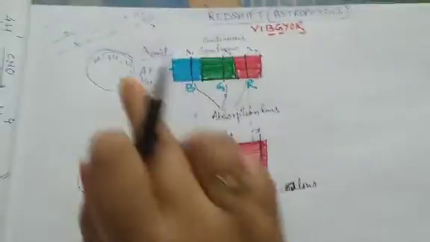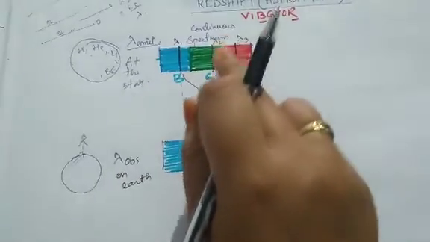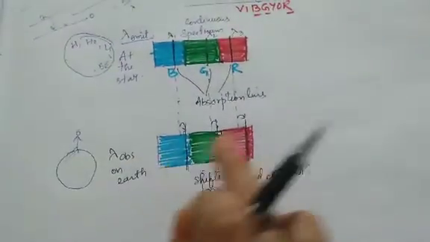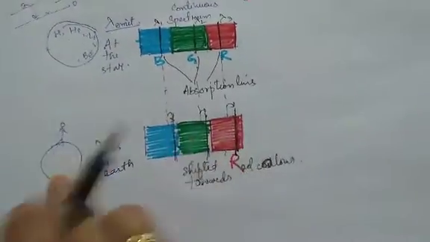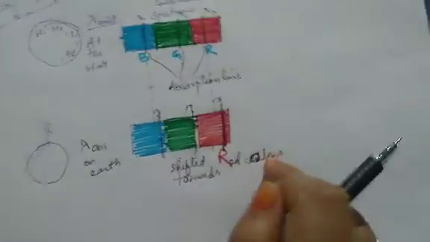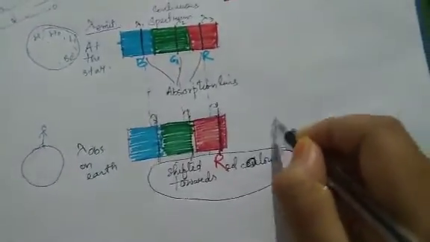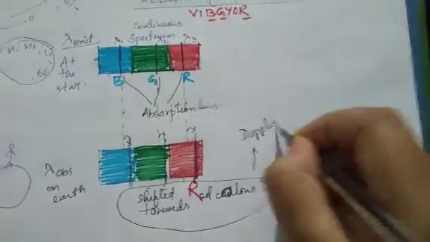Are you getting? Whatever the star is emitting, this is a normal emission line, lambda 1, lambda 2, and these are the absorption lines. The absorption line is a characteristic value for each and every element. But when you receive the starlight here on Earth, is it the same? No. The absorption lines got a little bit shifted, towards the red direction. So Hubble connected this to the Doppler effect.